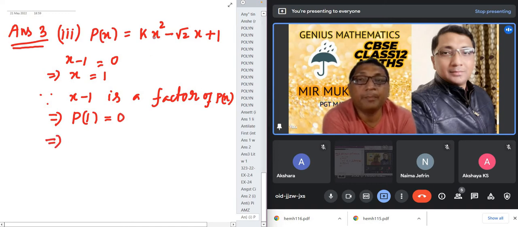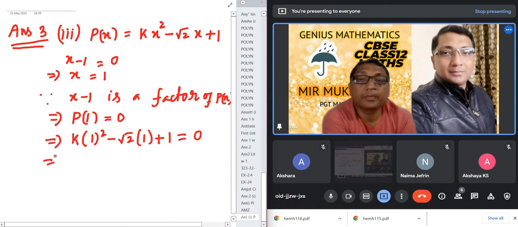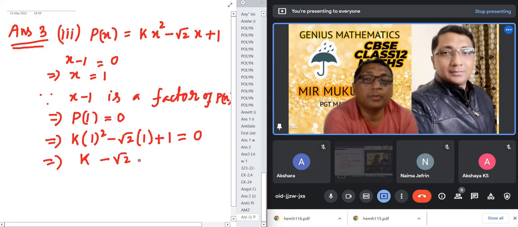It means in place of x we'll put 1. So k 1 square minus root 2 into 1 plus 1 should be equals to 0. So k minus root 2 plus 1 equals to 0.